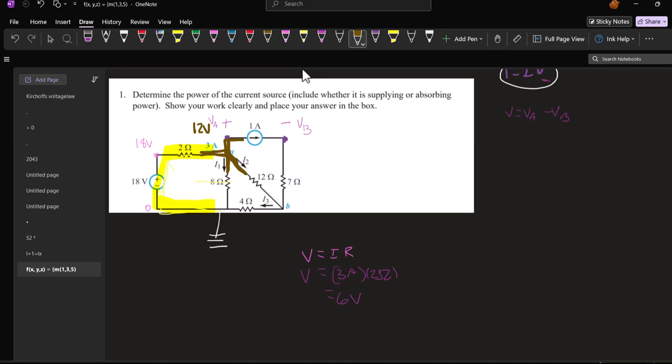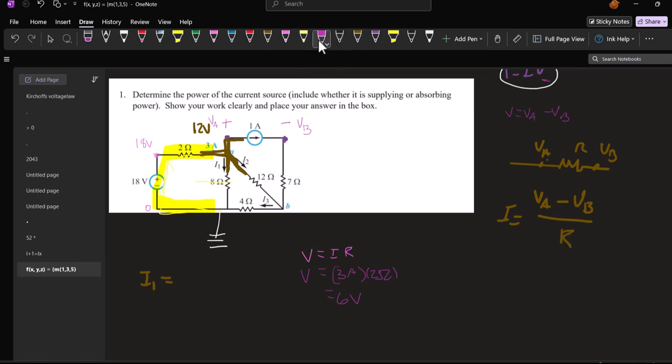So that's all 12 volts. That means I can now get I1 if I wanted to. Anytime you're getting a current, if I have a resistor with VA and R and VB, the current is VA minus VB, the voltage at the start minus the voltage at the other end of the resistor, over the resistor.